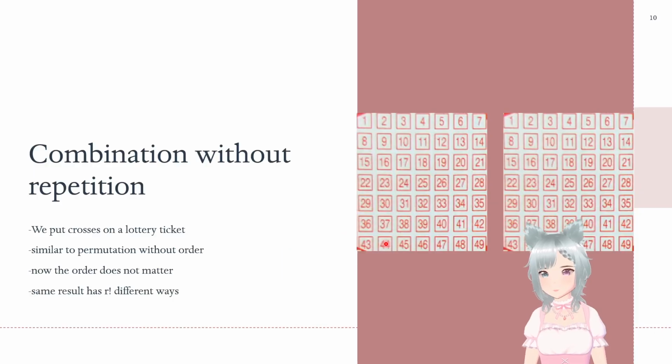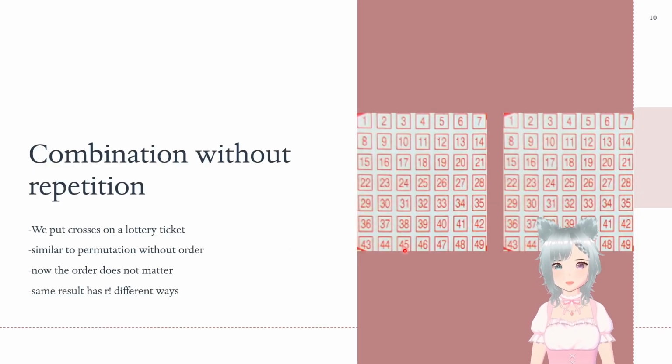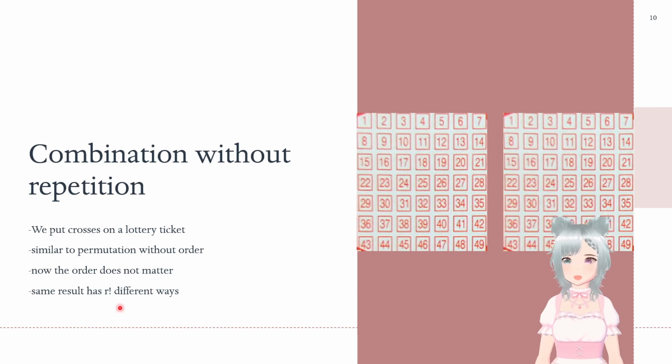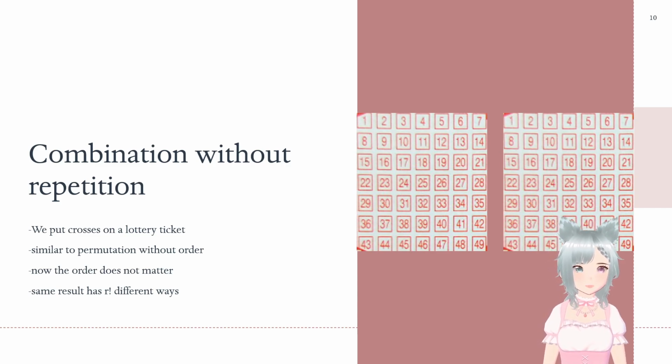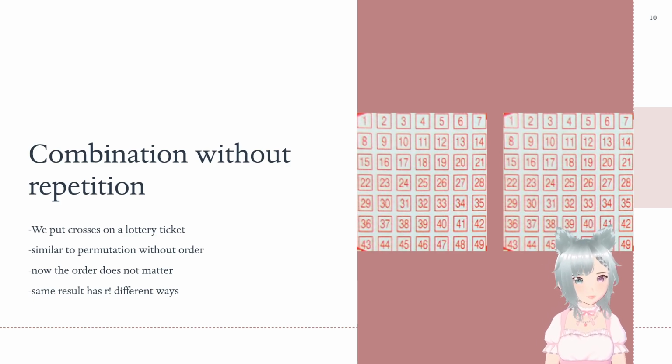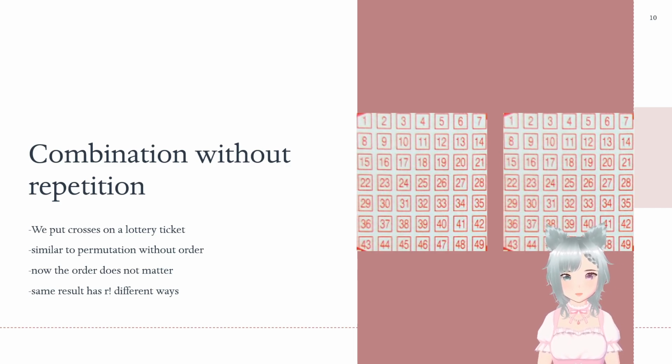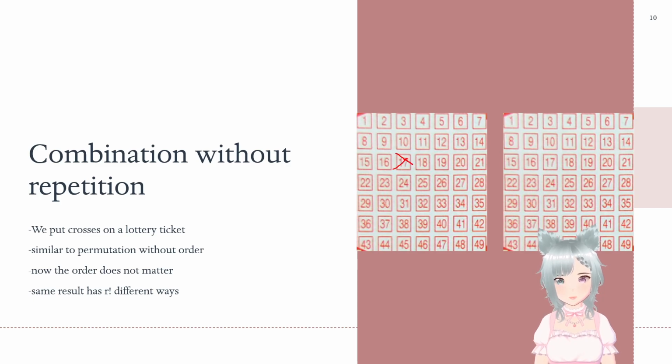And for this, we'll be hitting the lottery here. So if you don't know how a lottery ticket works, you have a number of crosses you have to do. For example, this time, let's say only 3 crosses. Normally it's about 6. And you cross out one number. Let's say you cross out the 17, then the 11, and then the 12.